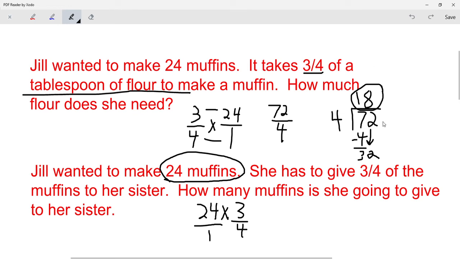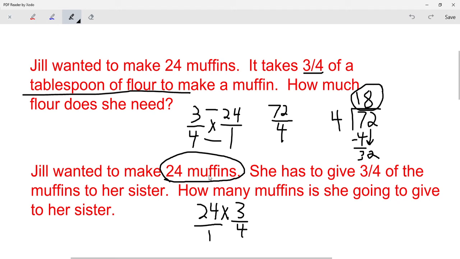Other than the top one is 18 tablespoons of flour, this one would be 18 muffins. But this is just another type of problem that you are going to use multiplication to solve.